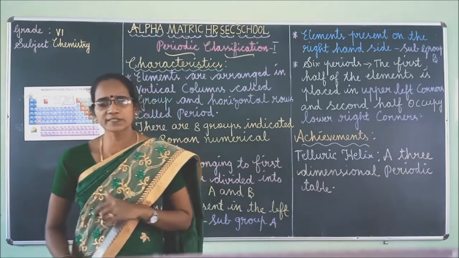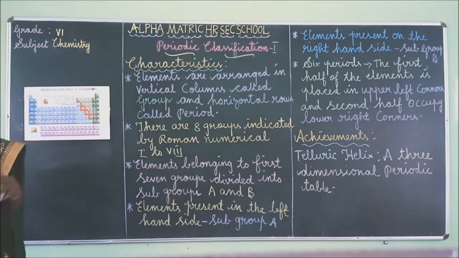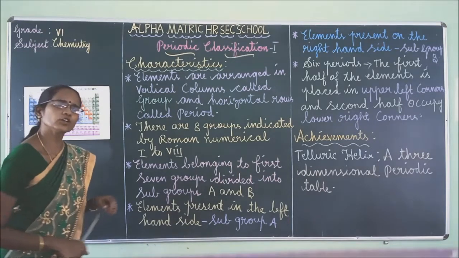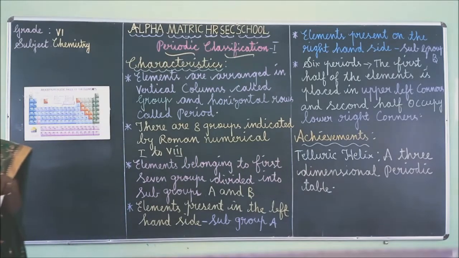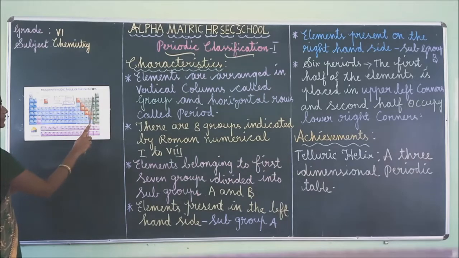What do you mean by groups? The groups are numbered 1 to 18, right?